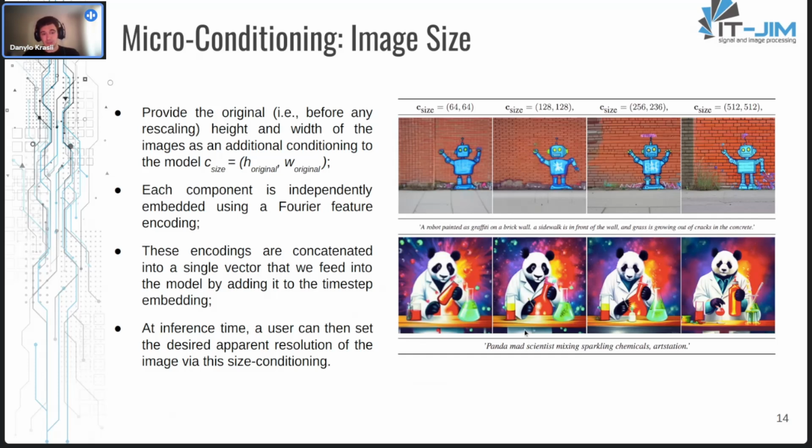So at inference time, a user can set the desired apparent resolution of the image via size conditioning. Here is a small example of the impact of size conditioning on the image quality. They picked 4 different values for size conditioning, and we may see that it improved the image quality dramatically.